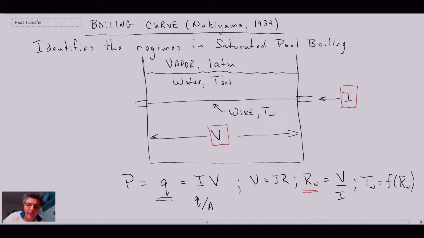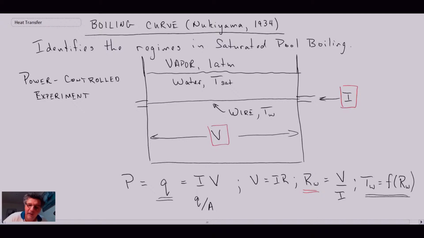This experiment is what we would refer to as a power-controlled experiment. What that means is he was able to vary the current going through the system, but he was not able to vary the temperature. The temperature just occurred based on the voltage and the current flowing through the wire.